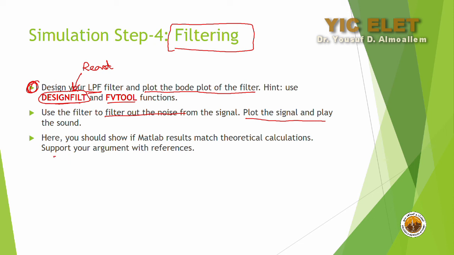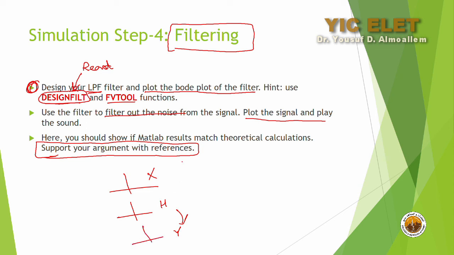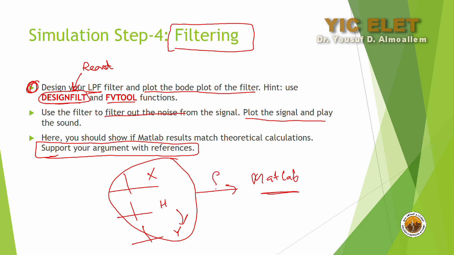I want you to do some calculation, sketch whatever you think will happen, and manually sketch it in the frequency domain: what will happen between the two signals, the system H as well as X, the input, and what you would expect as Y. And then check whether this filtering operation in the frequency domain matches what you get in Matlab. So just confirm whether this is right or not.